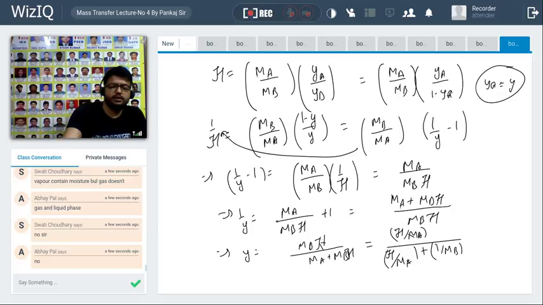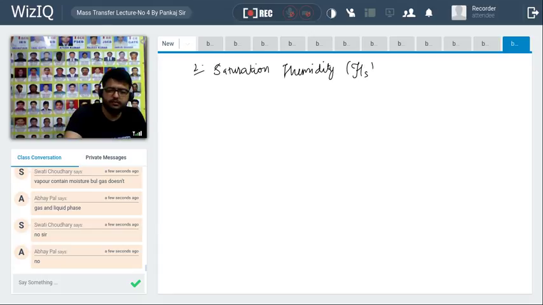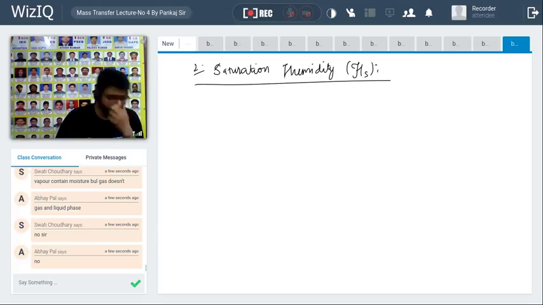Let's get to the next definition, that is saturation humidity. Saturation means what? It is in equilibrium.